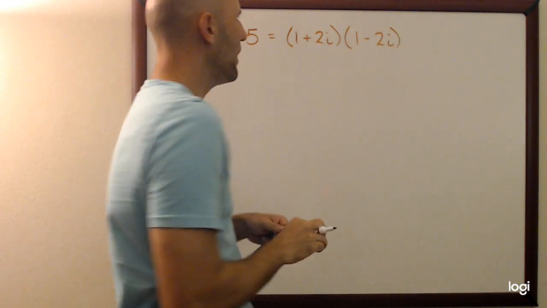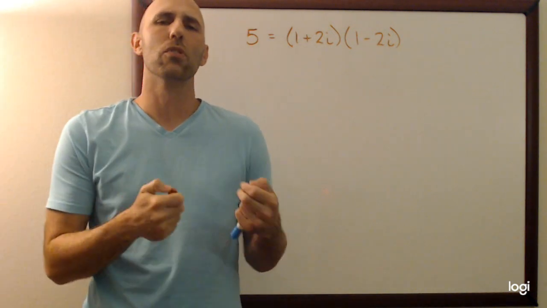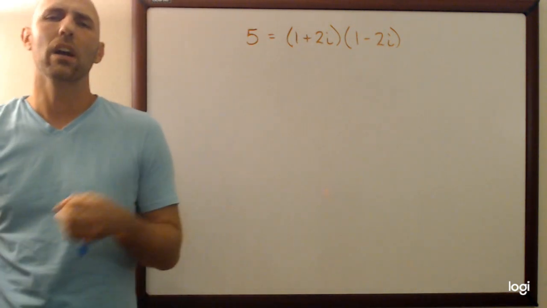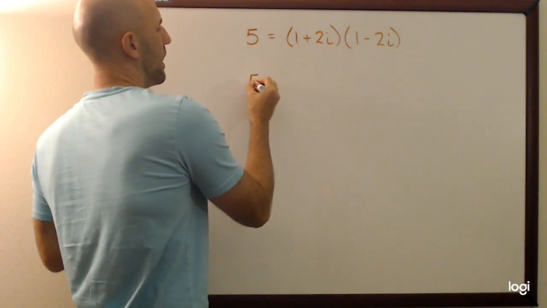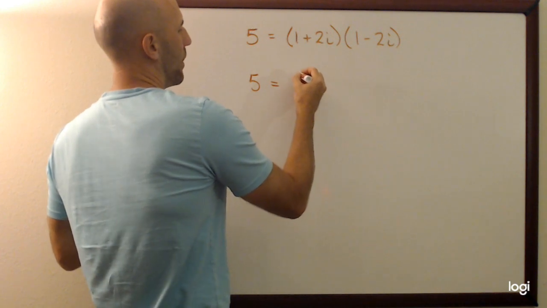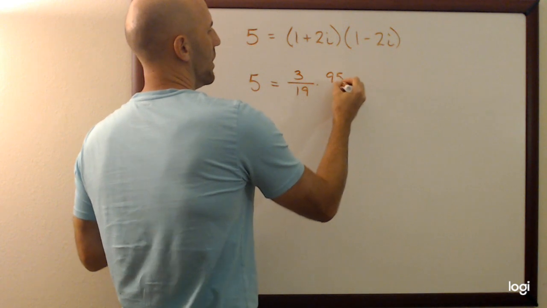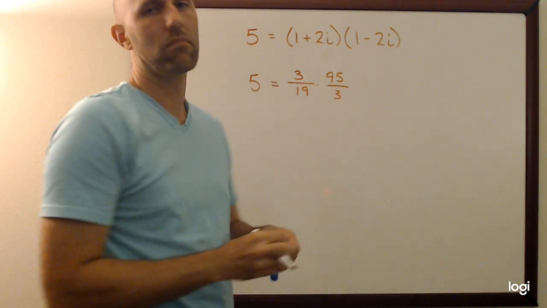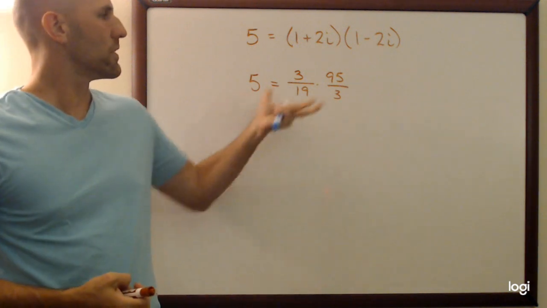So even if you think about something as simple as just expanding the integers you're looking at to the complex numbers, or even the real numbers, right? Because 5 is equal to, I don't know, 3/19 times 95 thirds. Yeah, so again, this is also equal to 5.